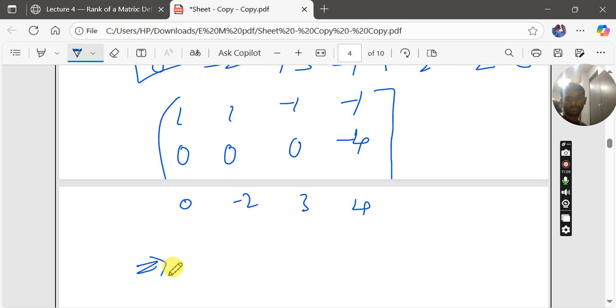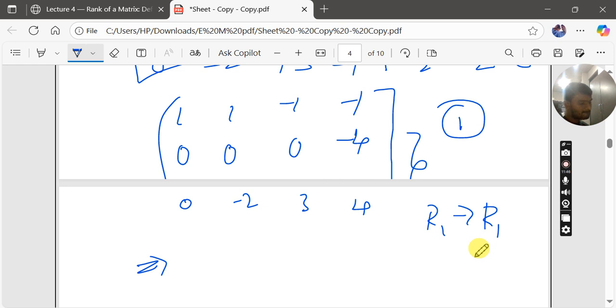Now what you can do is from these two you can say one can be dependent. How? By making these two as 0. So first we will make this one as 0. How can you do that? R1 implies R1... Okay, anyway I think rank will be 3. So we will move to the shortcut.